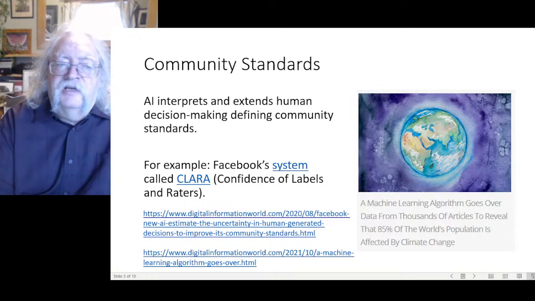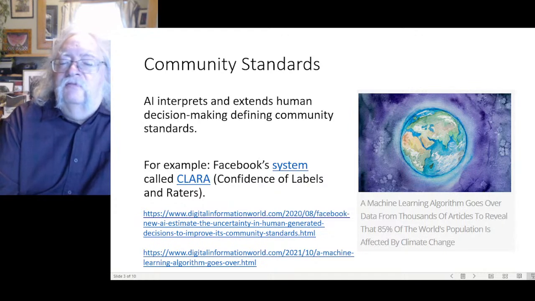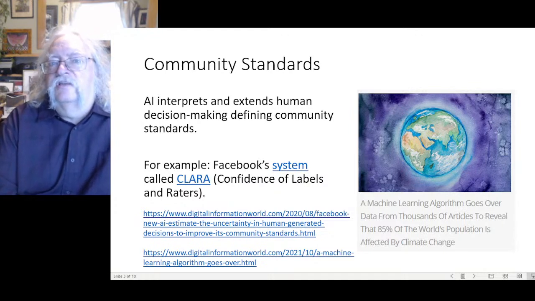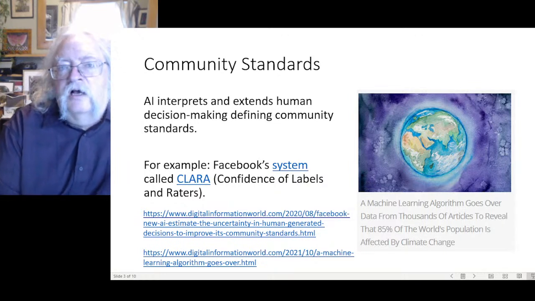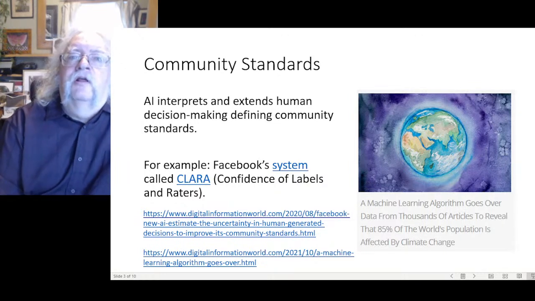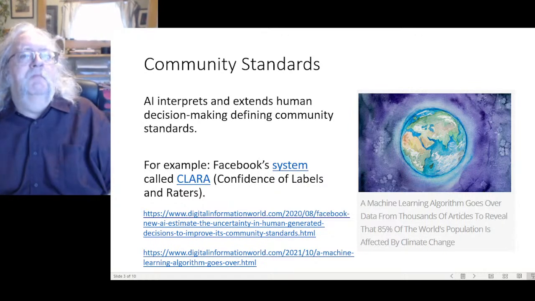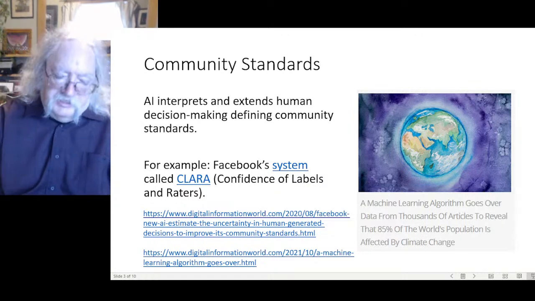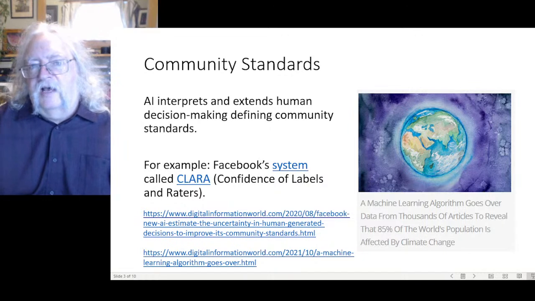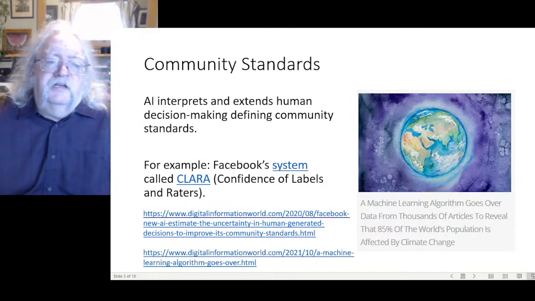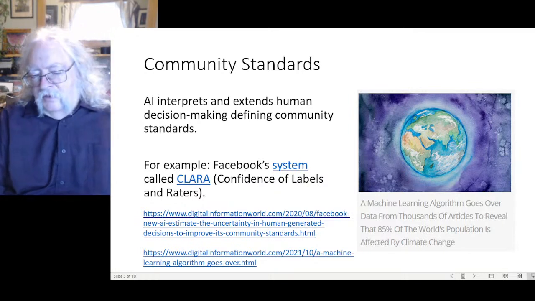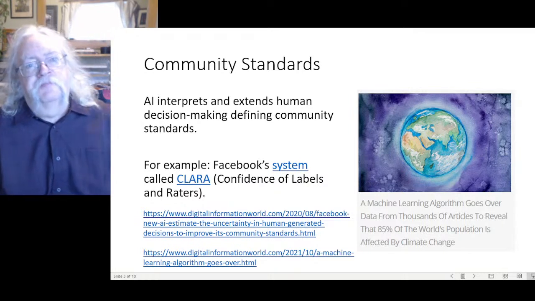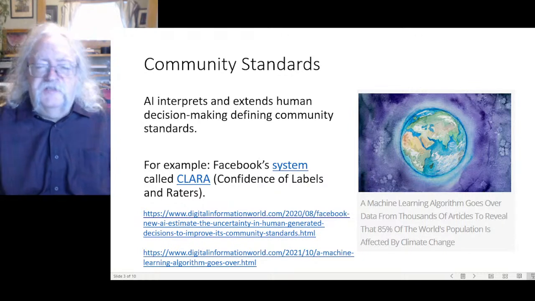But what happens is when you have a system doing the detection for community standards, for example, a content moderation algorithm that in some way measures what a community deems is acceptable and then moderates for that, you're very likely to set up a feedback loop where the community standards become self-fulfilling prophecies.